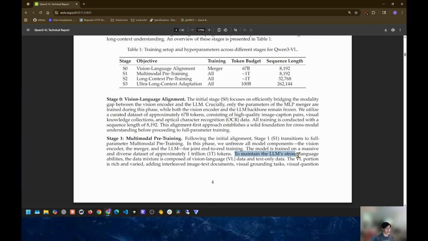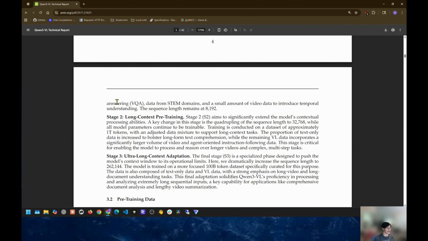To maintain the LLM's strong language abilities, the data mixture is composed of vision language (VL) data and text-only data. The VL portion is rich and varied, adding interleaved image-text documents, visual grounding tasks, and visual question answering (VQA) data from STEM domains, and a small amount of video data to introduce temporal understanding. The sequence length remains at 8K.